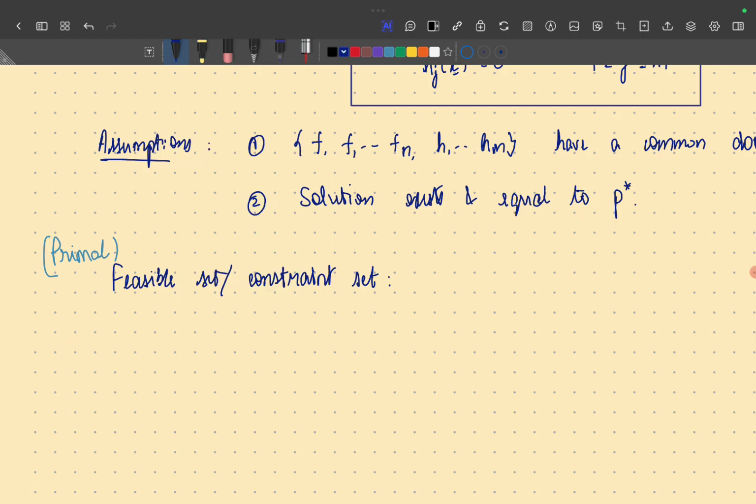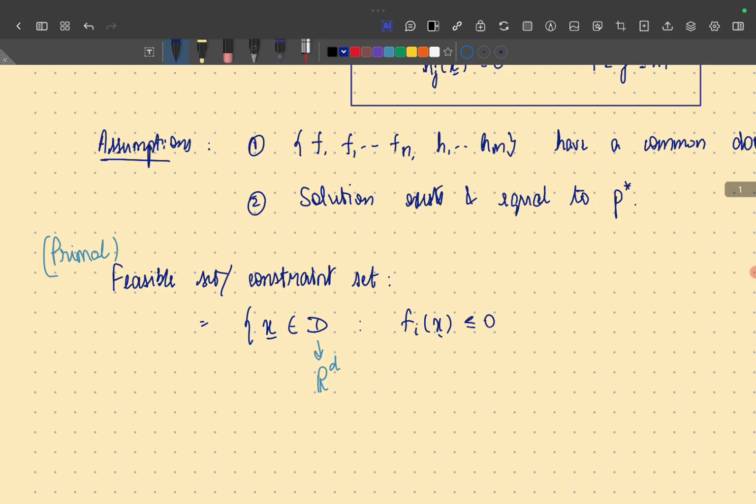So the primal feasible set, or the constraint set, is simply the set of all points in the domain, which we will typically take to be, let's say, Rd, such that all of the constraints are satisfied.